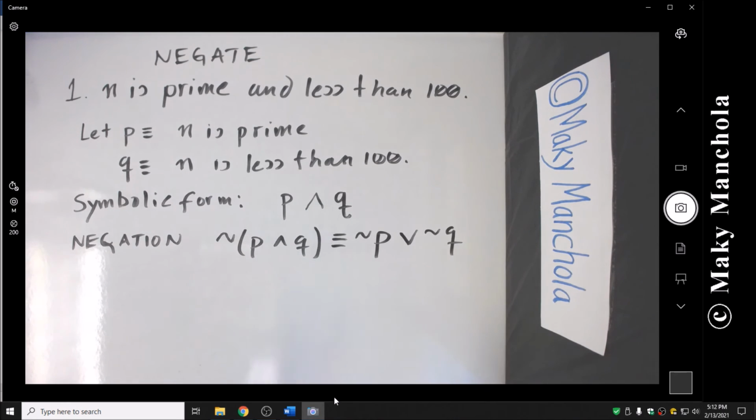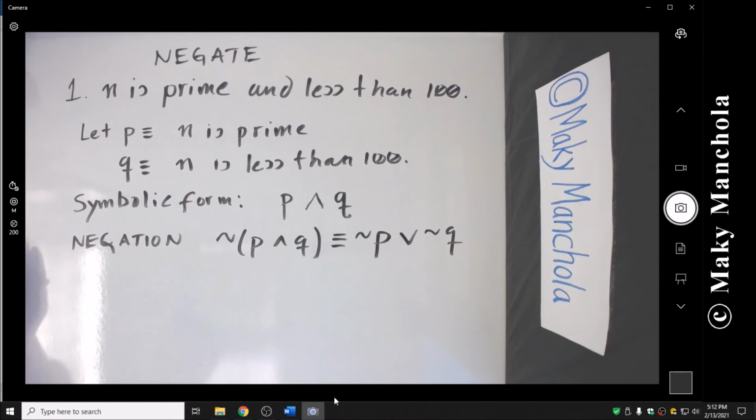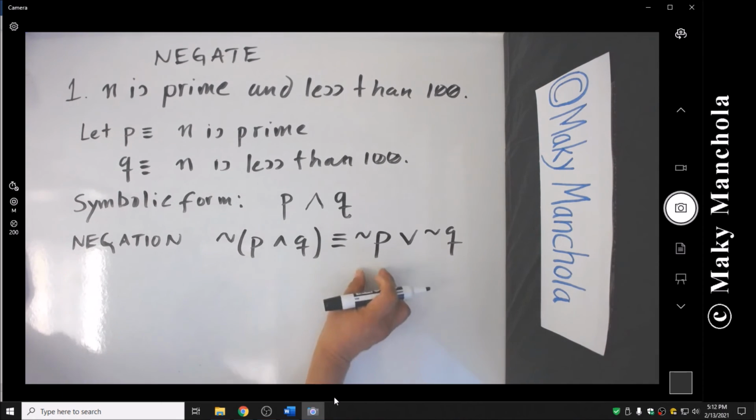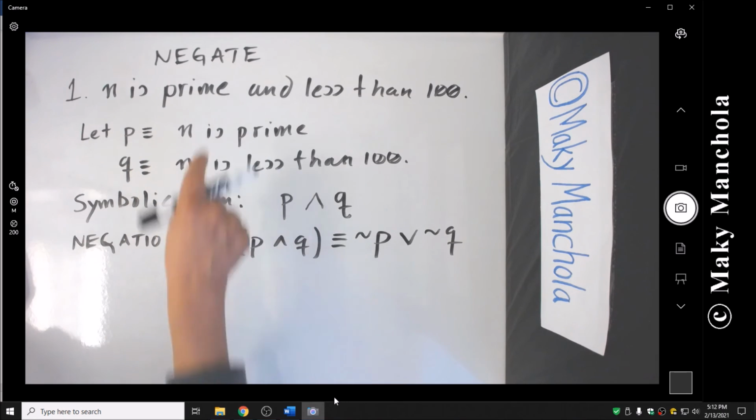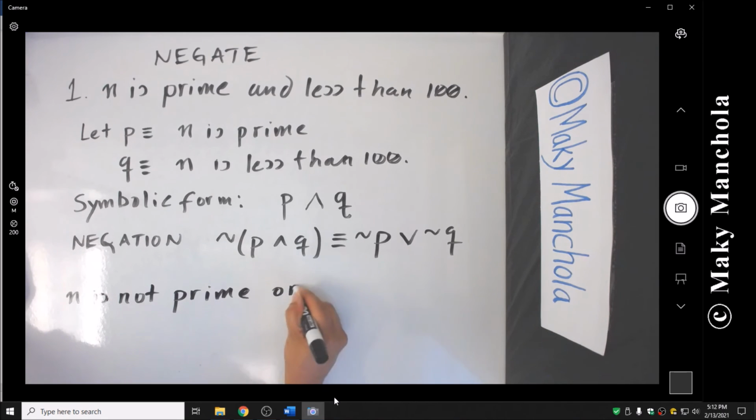Last step, take this and write it back in verbal format. So what is the negation of P? If I tell you n is prime, its negation is that n is not prime. So n is not prime, or n is not less than 100.